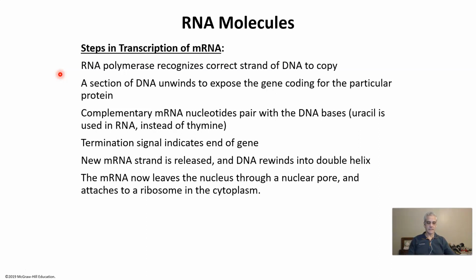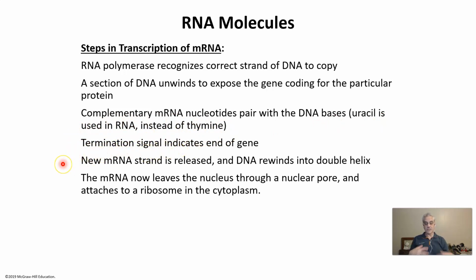It starts to make an RNA copy. Right, it has to unwind that portion of the DNA, has to expose those bases. It makes a complementary mRNA with the appropriate nucleotides that pair up, still complementary to the DNA. Remember, uracil is used in RNA instead of thymine.